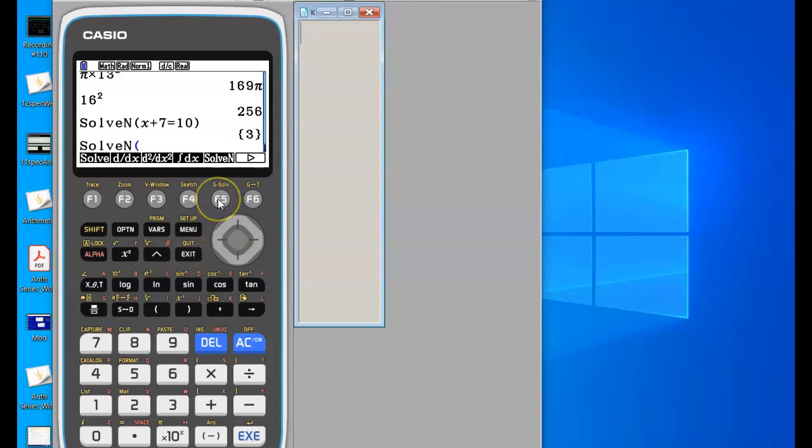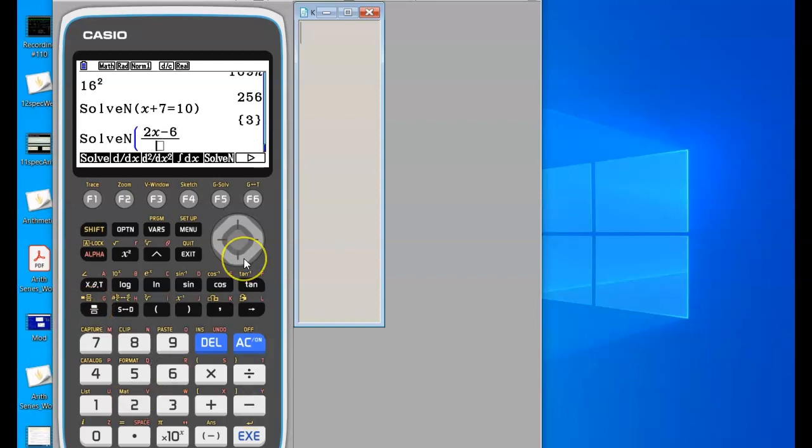Solve n. You can enter fractions in. So you can put 2x take 6 over 7. Make sure you put the 7. Equals. Close the brackets.